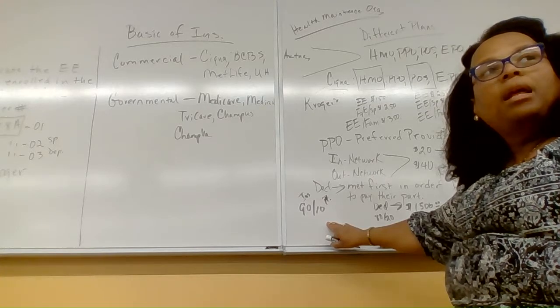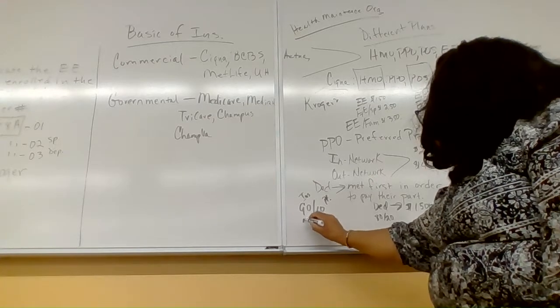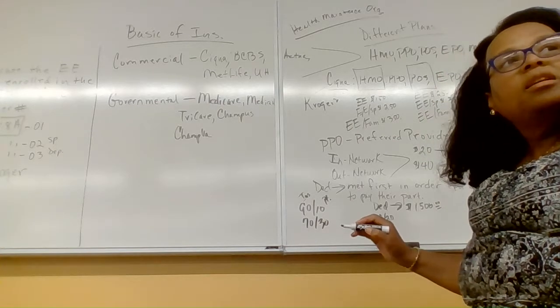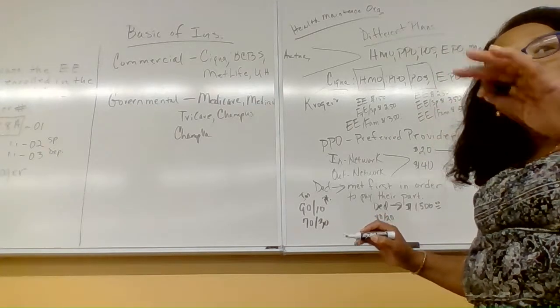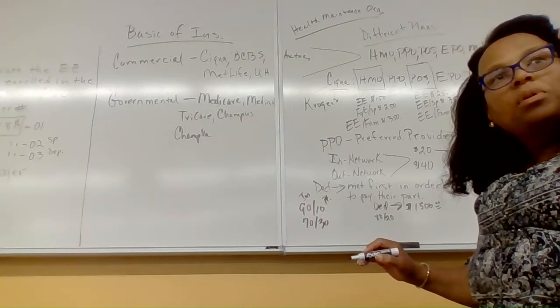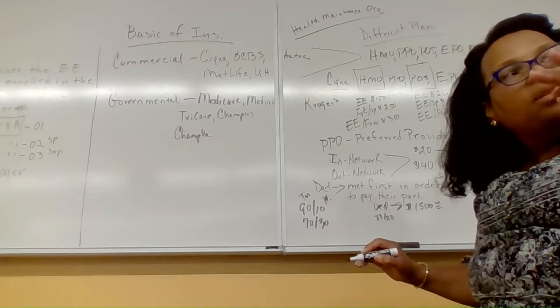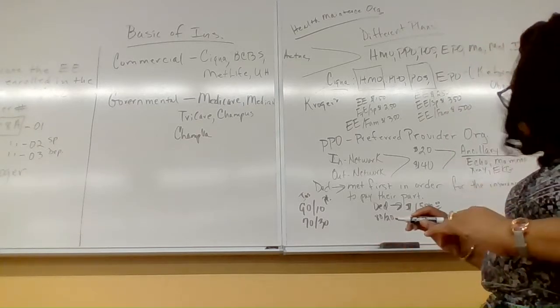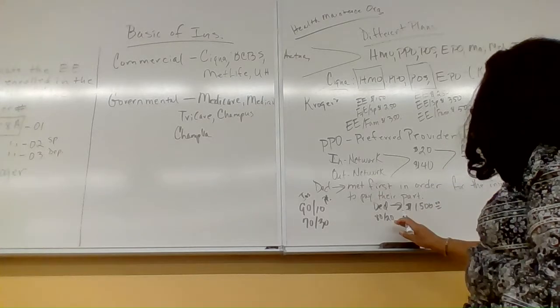If the plan is 70-30, it's the same thing. It's always the larger number that's going to be the insurance's responsibility. The smaller number will always be the patient's responsibility. Does that make sense? Okay, fantastic.